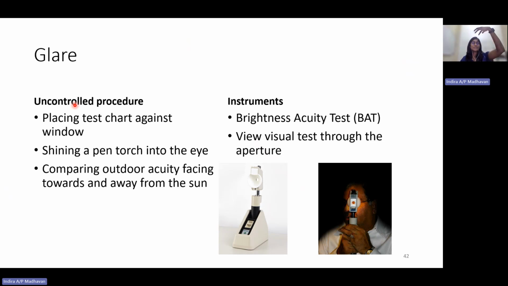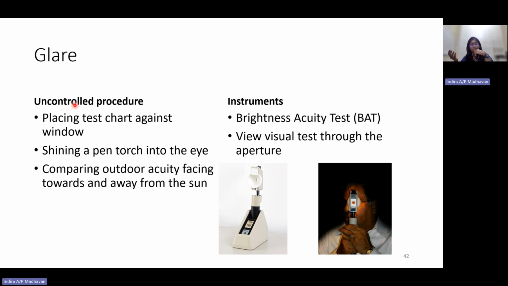That means if the sun is coming from this side, place the chart so that when the patient reads, they are facing towards the direction of the sun. And then the opposite way: the position of the patient and the sun from one direction, and then the chart is opposite. From there we will be able to know what happens to the patient's VA, whether it is affected or not when they are exposed to sunlight and when they are not exposed to the sunlight.